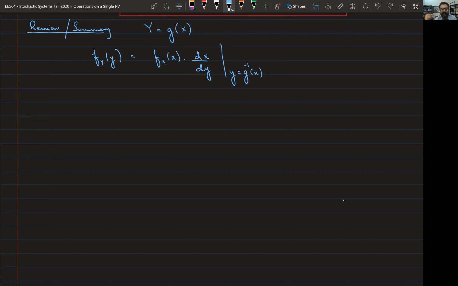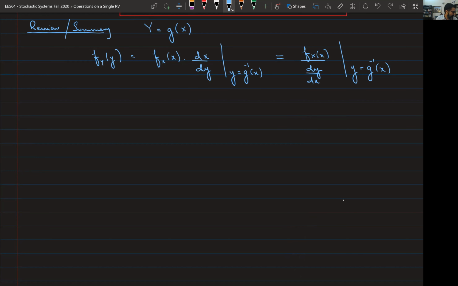And this g inverse of x is unique, and that's because of the fact that the function is one-to-one. Another form that we did was that this was also equal to f_X of x divided by dy by dx, evaluated at y equals g inverse of x, right? So these were the two forms that we looked at, and there were some examples that we did as well.